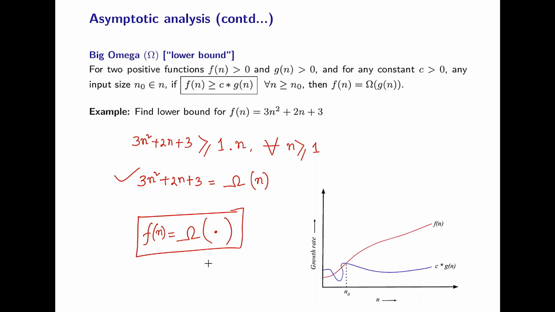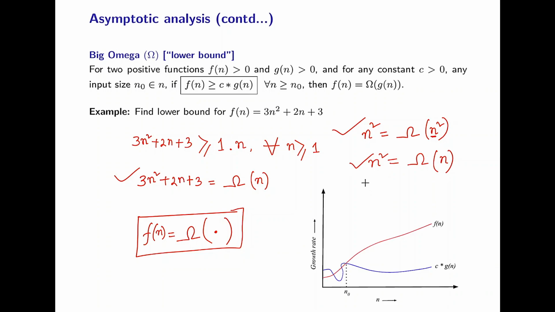Now here, let's say I'm going to check this. Let's say I'm saying that n square equal to big omega of n square. Is it true? Yes, it's true, because this term is equal to n square. It can be equal or less. Now big omega of n: is it true that n square equal to big omega of n?